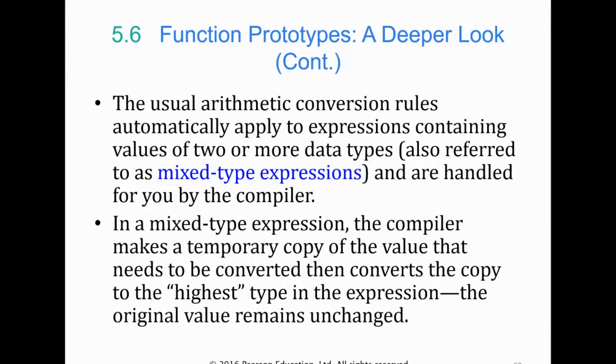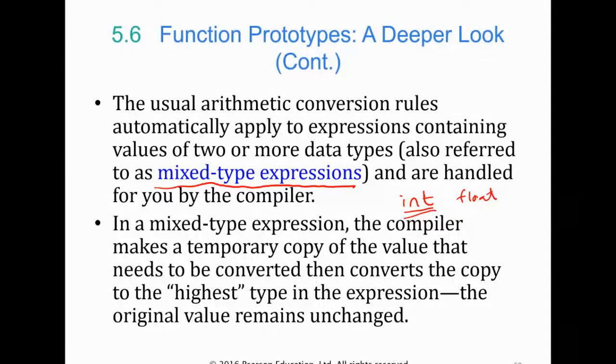So if you're working with mixed type expressions, it converts all data types. If you have an expression which involves an integer and a float, and then maybe something else, it will convert the integer variable to the float variable.